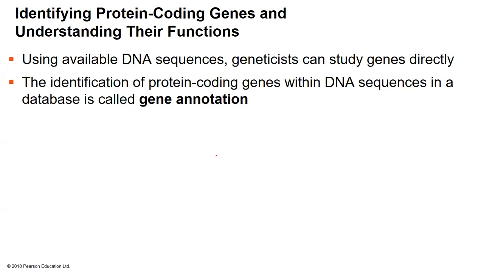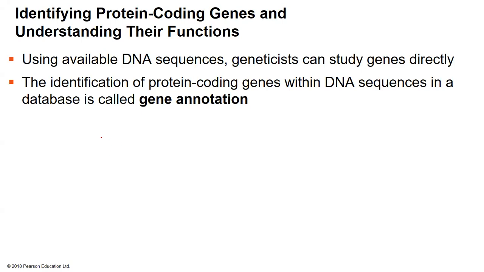So one way of identifying a gene or studying a gene is first by obtaining a sequence for that gene and then comparing the sequence of that gene to sequences already stored in the database, where these sequences are already known for specific genes.